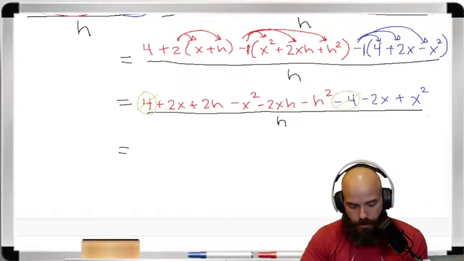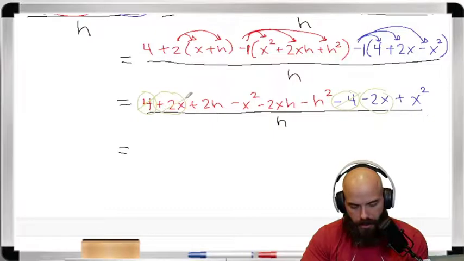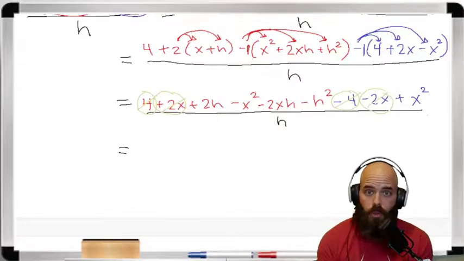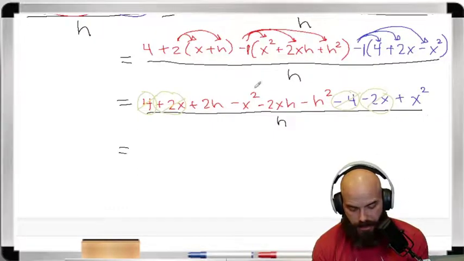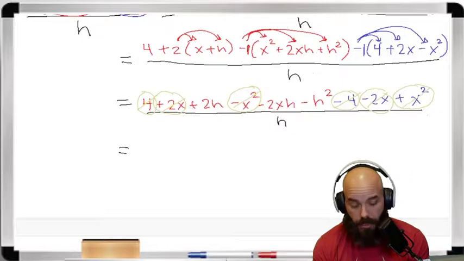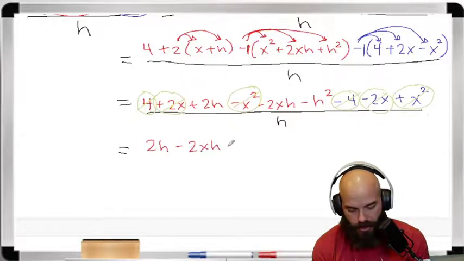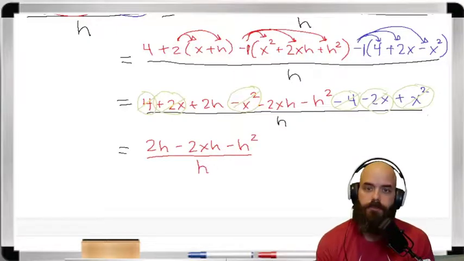I notice a 2x and a -2x. Reduces down to 0. And then finally, I see -x squared and positive x squared, which you got it, reduces down to 0. And so what do I have left in my numerator? I'll have 2h minus 2xh minus h squared, and I'll just keep it all in red at this point, all over h.